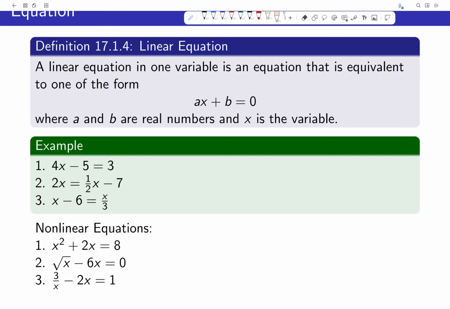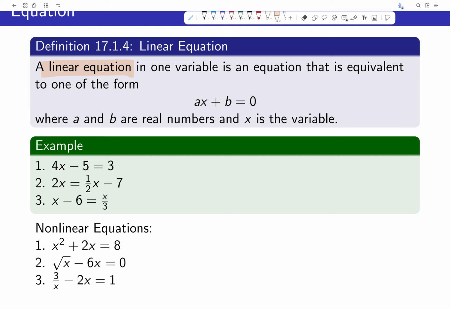A linear equation in one variable, because we will deal with only one variable or one unknown. Those variables are, of course, the letters. They are called variables or unknowns.